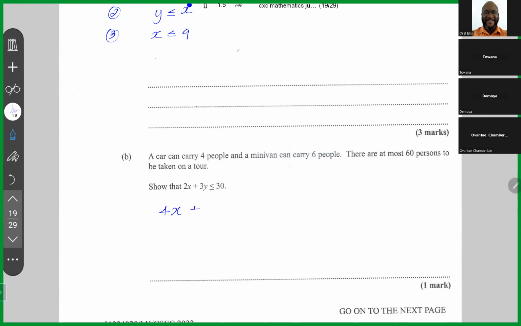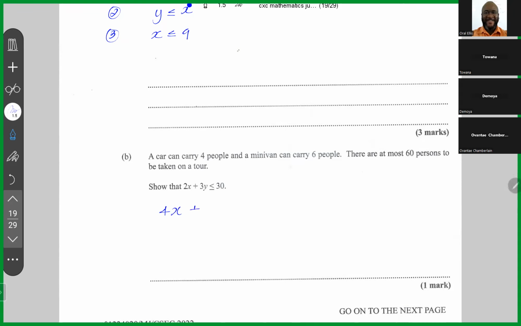So moving on, we're told on the grid below, plot the 4 lines associated with the inequalities in A and B, and shade and label the region that satisfies all 4 inequalities R. So we're going to shade and label the region R. All right, so the first thing, let us draw the lines associated with the inequalities.